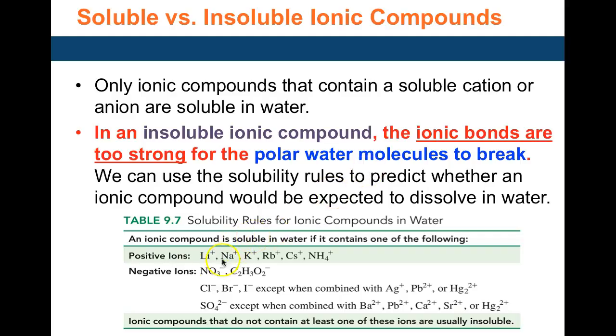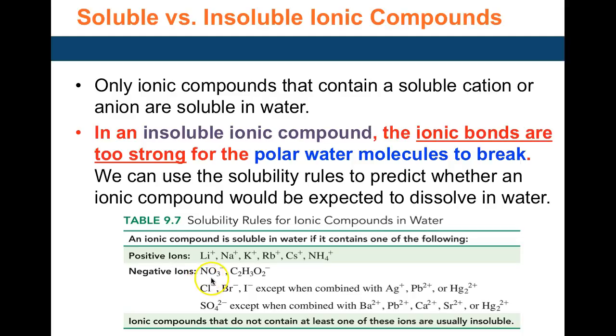So if the ionic compound contains any of the group 1 metal ions like lithium, sodium, potassium, rubidium, cesium, or even the ammonium ion, then compounds of these ions are always going to be soluble, all right?